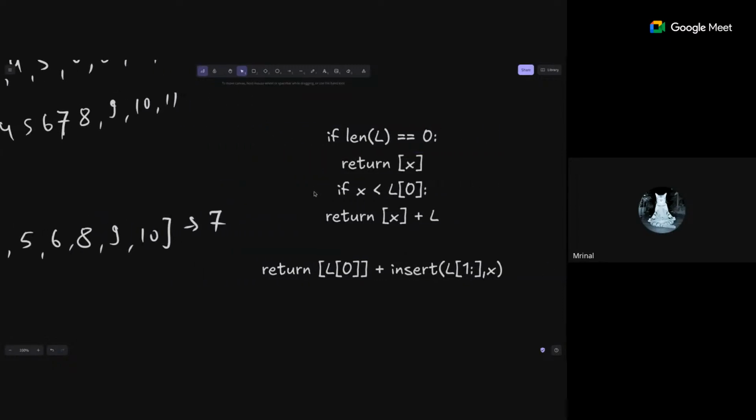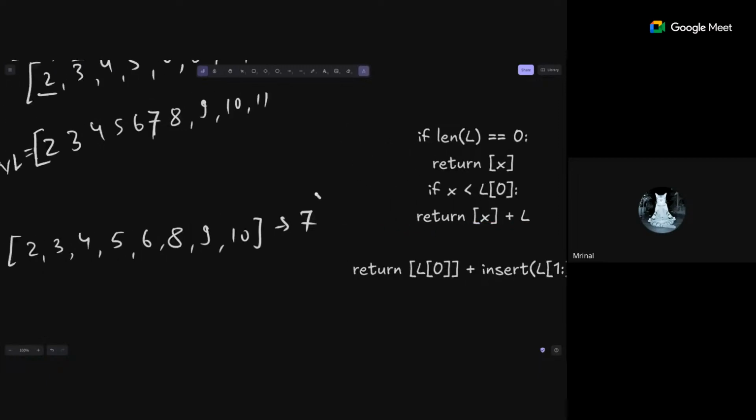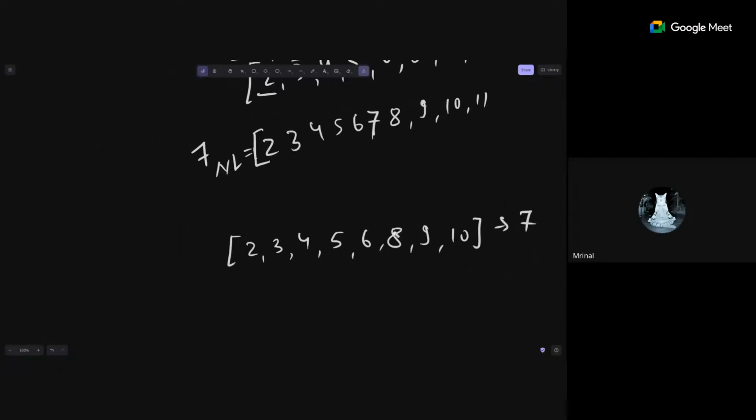So basically what we are doing is, if x is smaller than the first element of L, we are returning x plus L. But over here our x is not smaller than this, right?